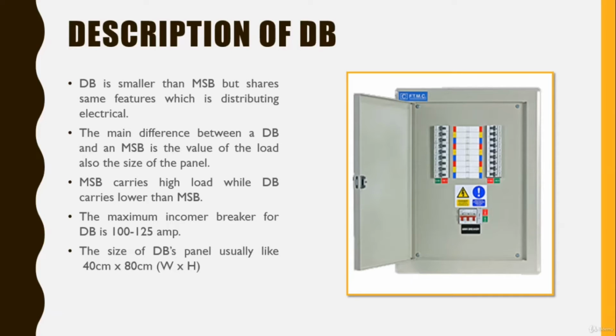Usually, the maximum incomer breaker for DB is 100 ampere or 125 ampere. By the way, the size of the panel in general looks like 40 by 80 centimeters, width and height. So we conclude that a DB is a small scale of an MSB.